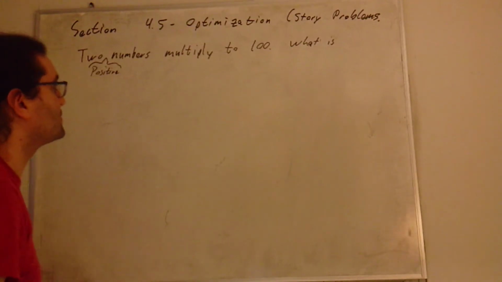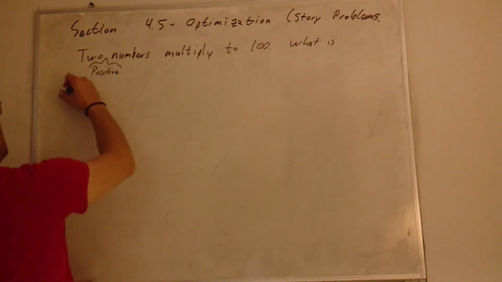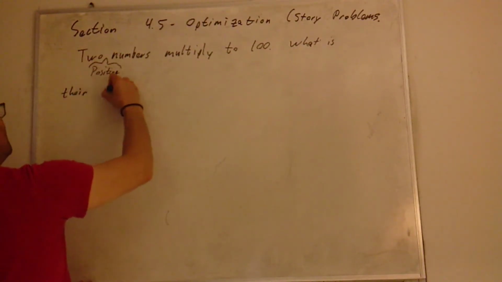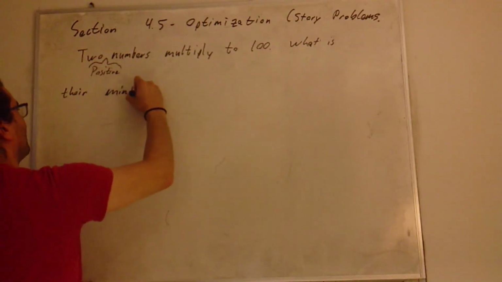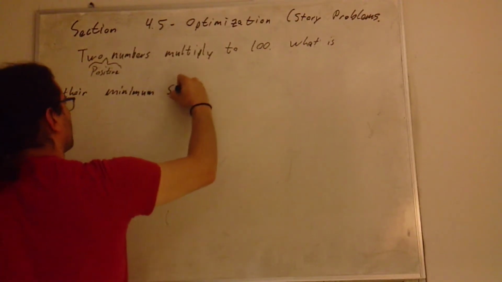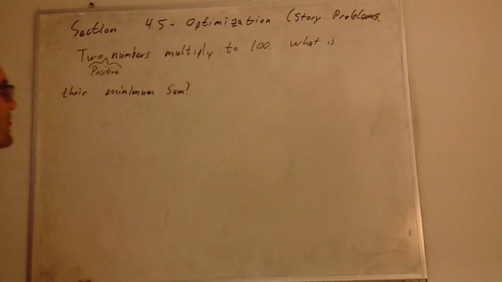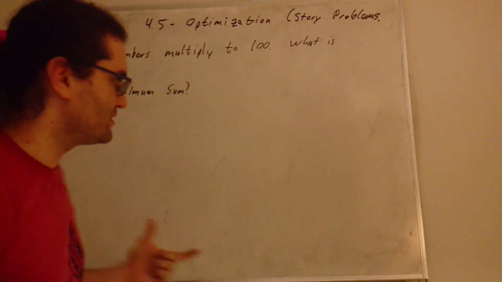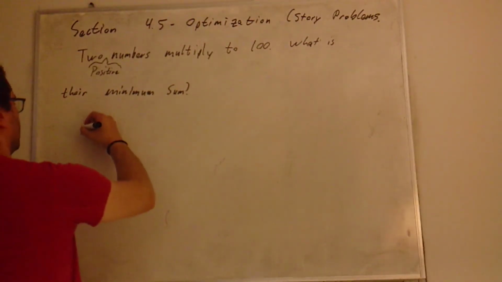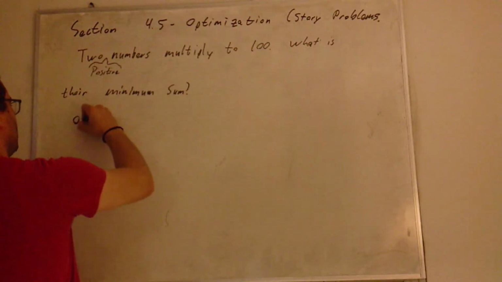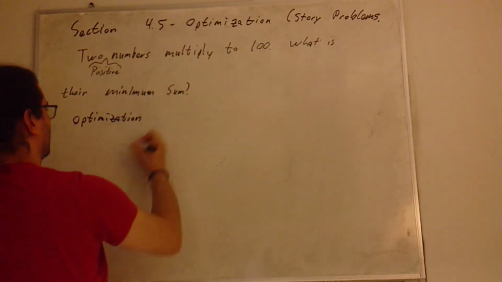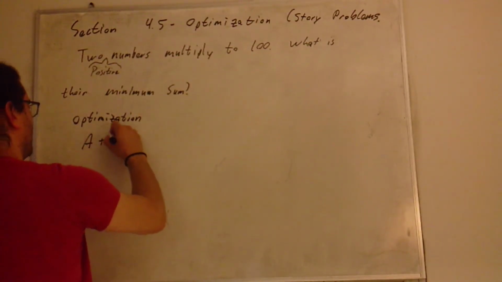Two positive numbers multiplied to 100. What is their minimum sum? So again, we see that there's sort of two different relationships happening here. There is the optimization relationship, which is a plus b.